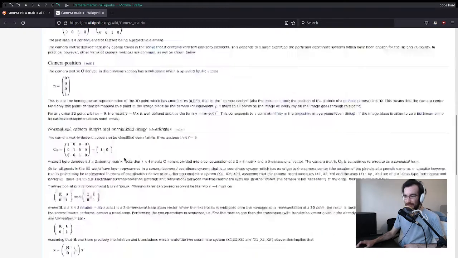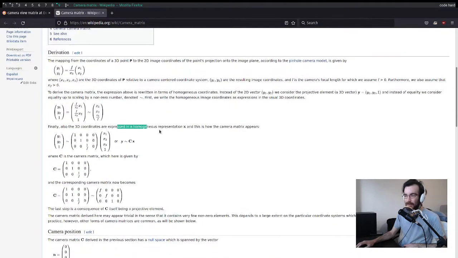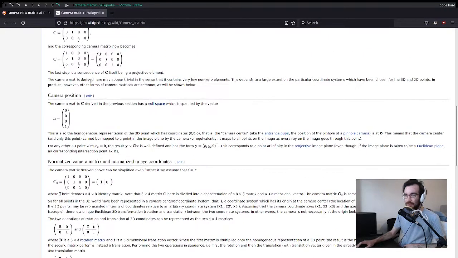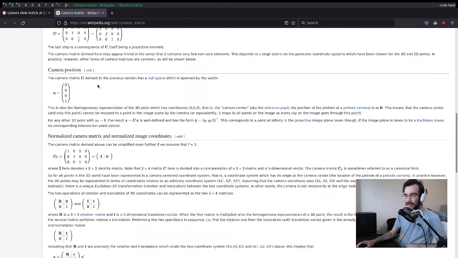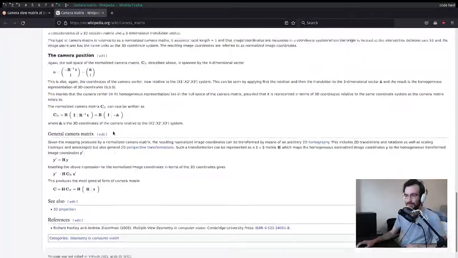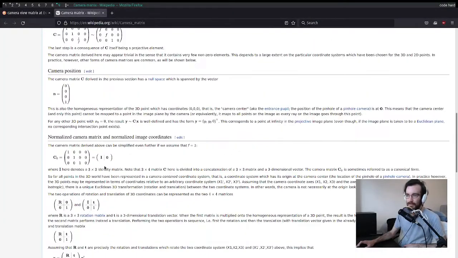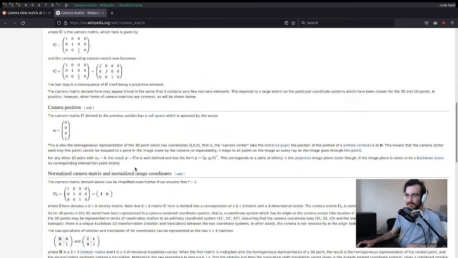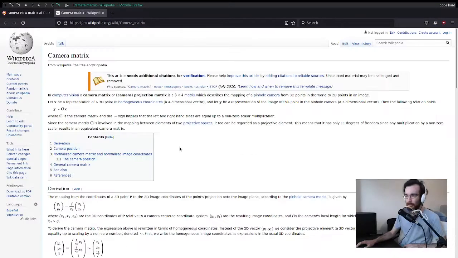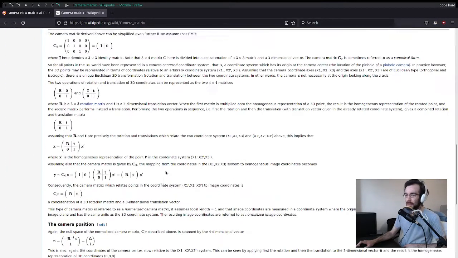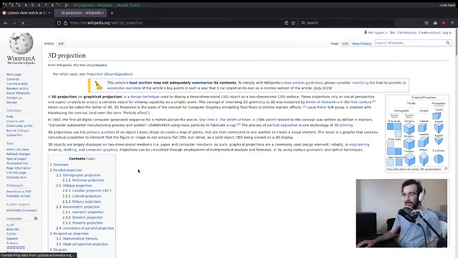So 3D coordinates, homogeneous representation. We've got a 4x4. This is a 3x4. Hmm, 3x4? 4x4? 3D projection.